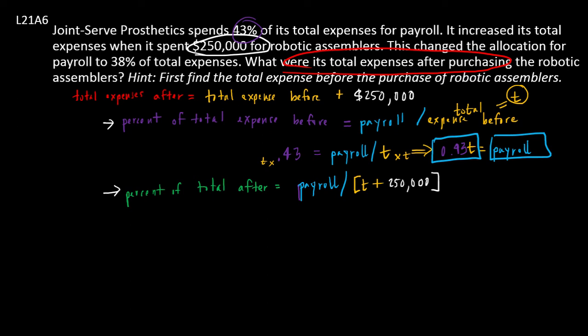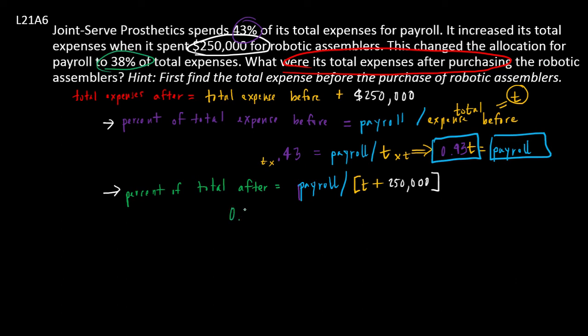Okay, so again, I have let T equal total expenses before. So let's move forward here. The percent of total after changed the allocation to 38%.